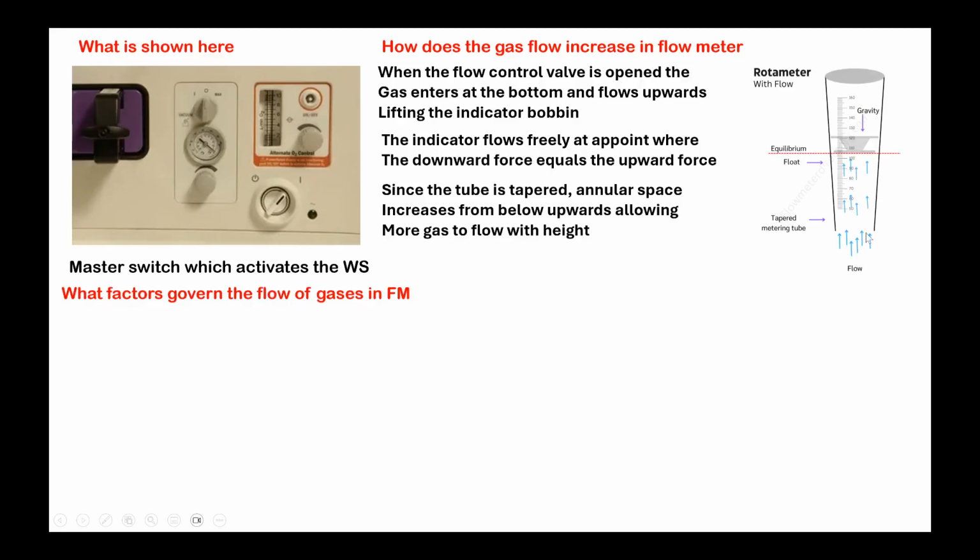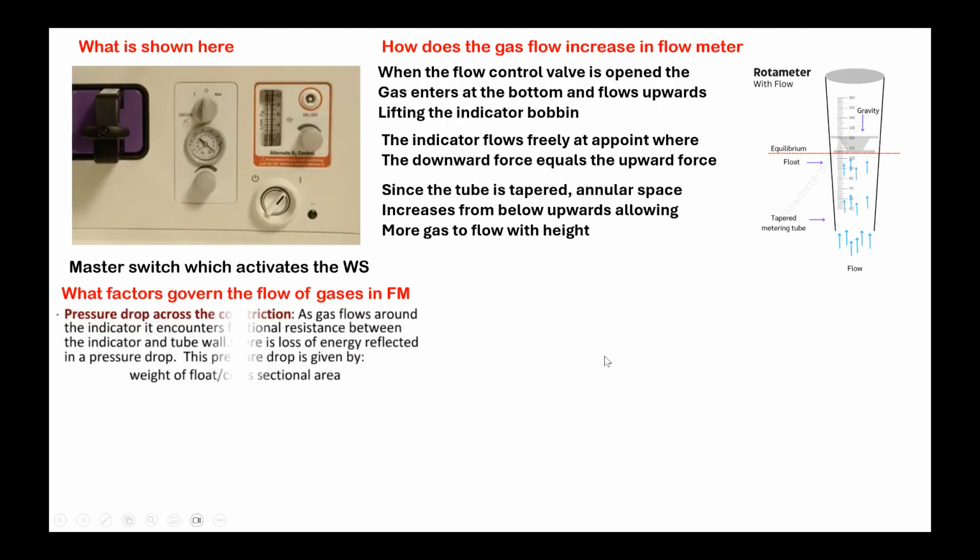It is because of gravity acting downward on the bobbin, opposed by the upward flow of the gases. That is what makes the bobbin float. The more the gas flow, the higher it goes, and the diameter increases. The annular space increases, and that is how more gases are able to flow through this.